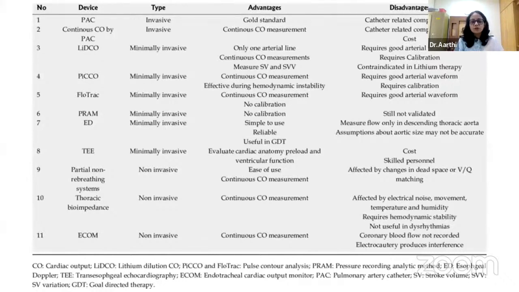In the lithium dilution technique, you insert an arterial line and the dye is injected through a central or peripheral access, and the change in dye concentration reflects your cardiac output. PiCCO and LiDCO are minimally invasive monitors that need to be calibrated. FloTrac just assesses the pulse pressure contour and doesn't need to be calibrated.